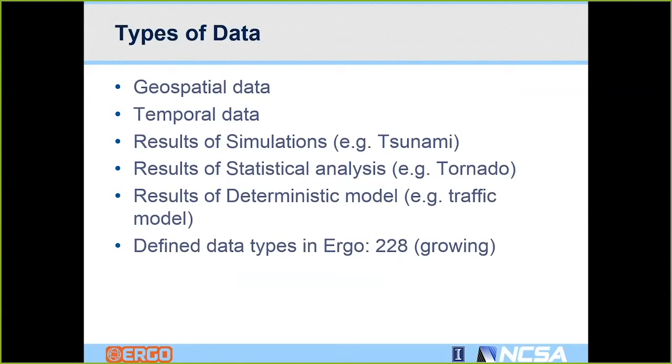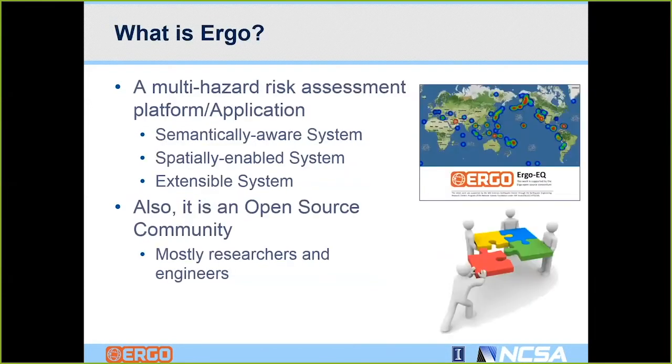In total, we have about 228 data types in Ergo, and that continues to grow as we add more inventory types, as we add more attributes to the system to model different structures. And all of this is brought together by the Ergo platform. So it's a multi-hazard risk assessment application. As was mentioned, it's semantically aware.